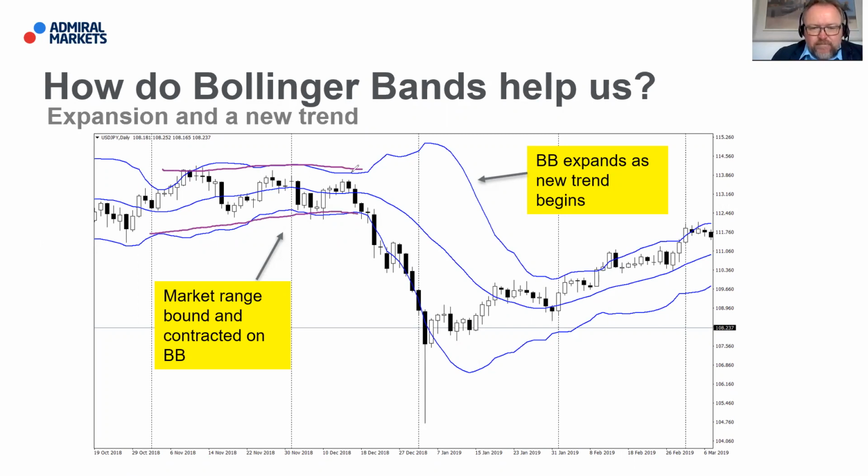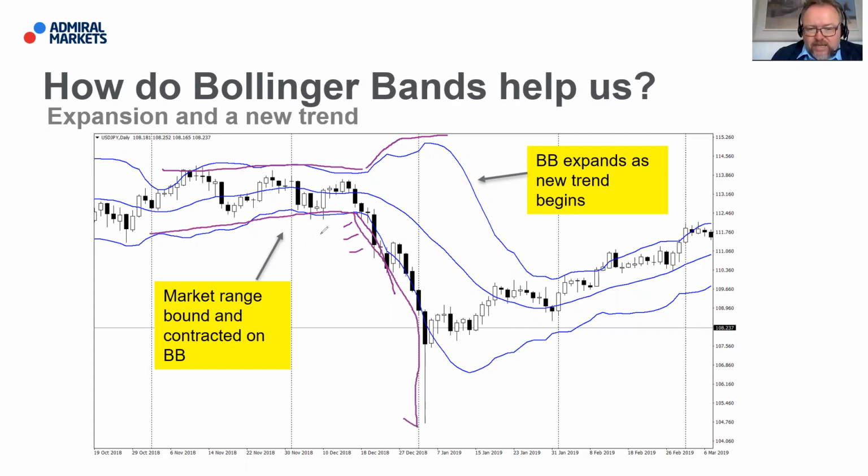But as price changes direction and changes in terms of its volatility, we can see that the Bollinger Bands start to expand. We can see they actually start to grow, and that is an indication that we're in expansion. We've gone from contraction to expansion.